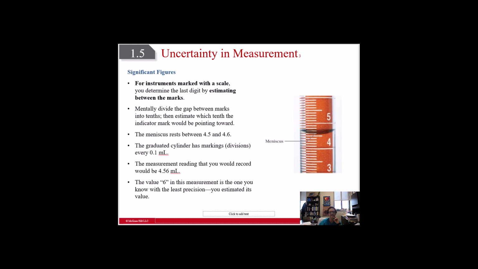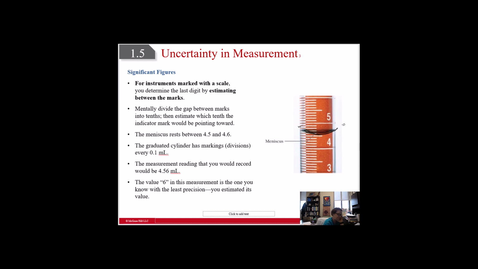So if you have a scale, and it's a little bit hard to see with this color, the meniscus goes kind of like this. Whenever you measure in a glass device, you're going to have a meniscus. It's because the liquid grabs hold of the sides, but it droops down in the middle, so you're always going to measure at the bottom of that meniscus.